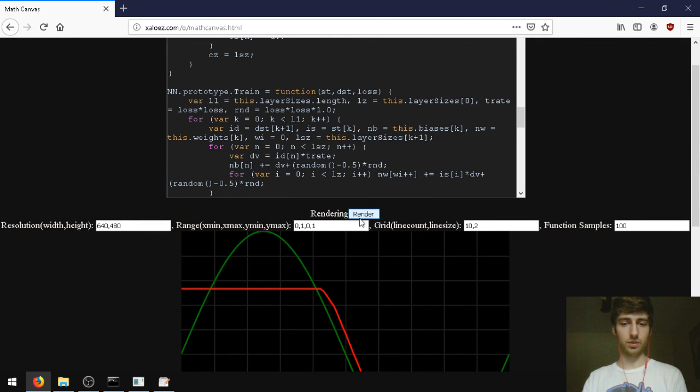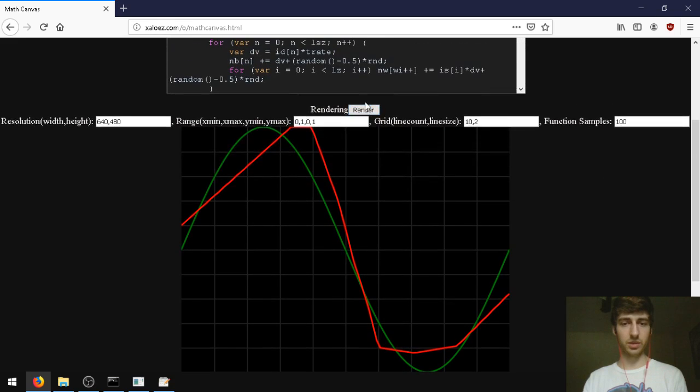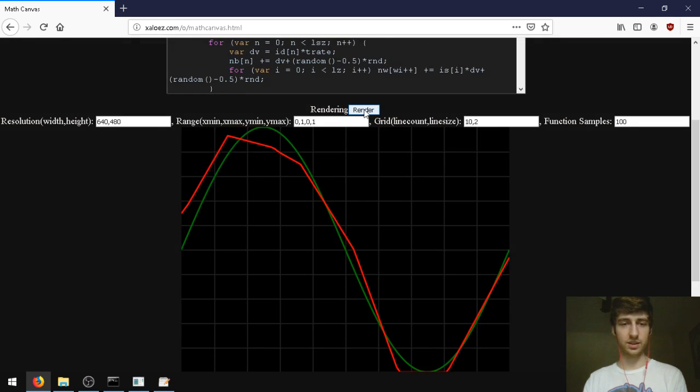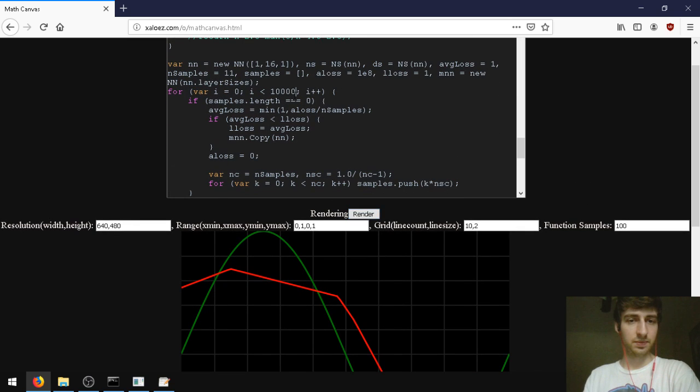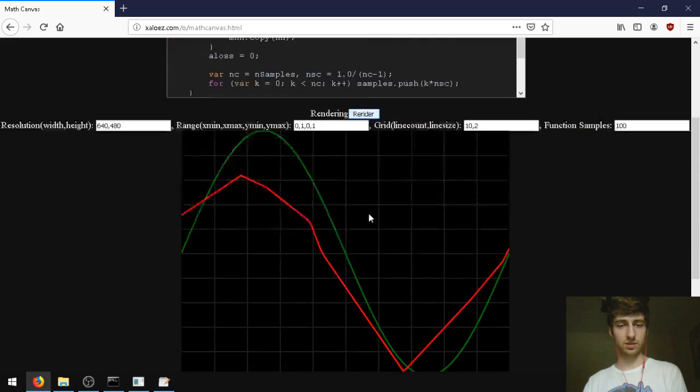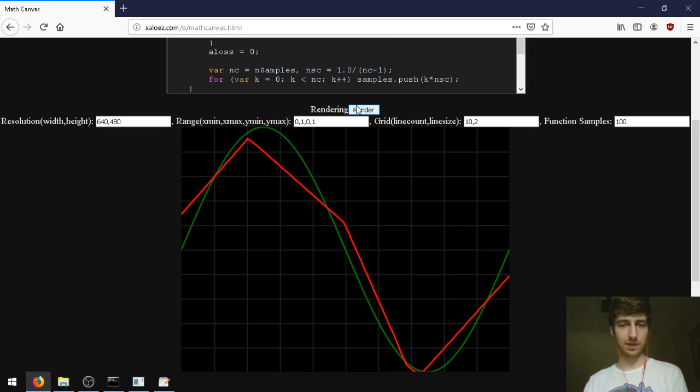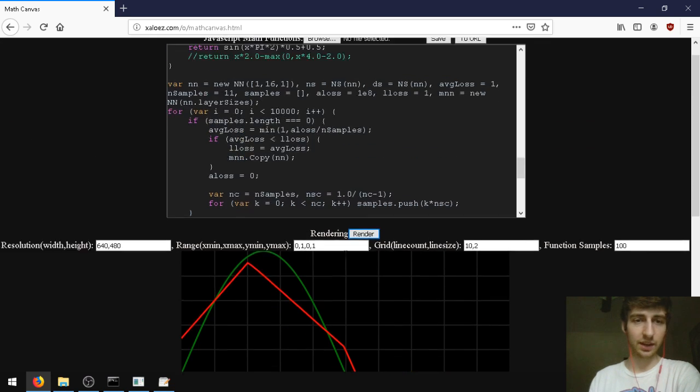Let's see if it's good with a bit of randomness. Oh yeah, the bit of randomness actually helps a ton. So that's actually training pretty... it's better, but it's still pretty bad.